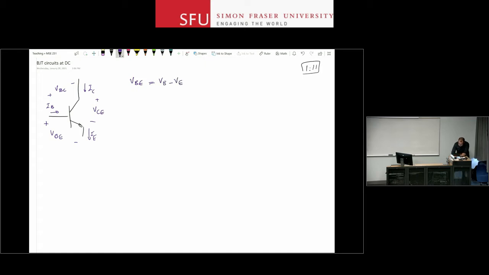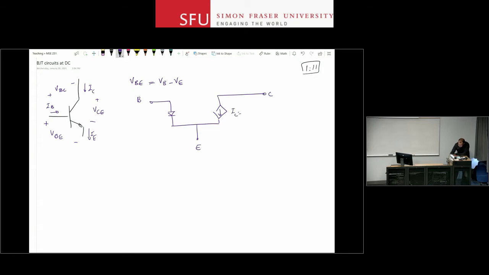And this is the device, and we said that we go and use this model for the device to analyze circuits that contain a BJT in them. So you take the BJT out, you replace it with this model. We said there are two, but this is the preferred one in terms of models.